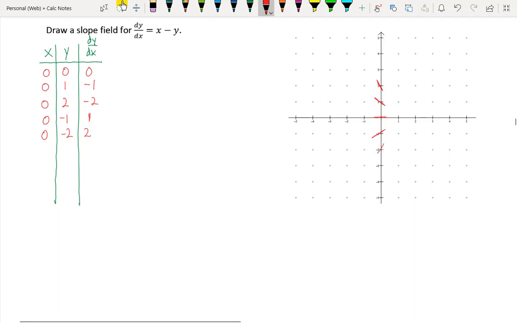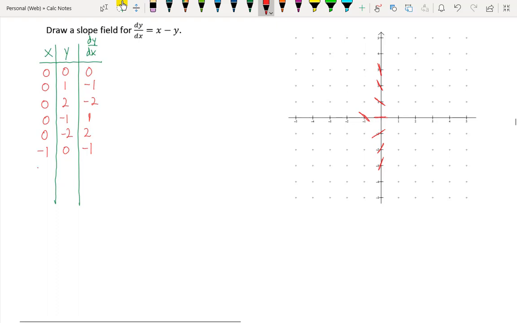And so these are getting steeper and steeper. So you can kind of visualize these guys going like this. All right, well, the guys up top here are just getting steeper as well. Okay, and so we'll keep moving along here. Let's try a -1 for x and a 0 for y. So that's going to be -1 take away 0. That's going to be -1. So a -1 slope over here, something like that.